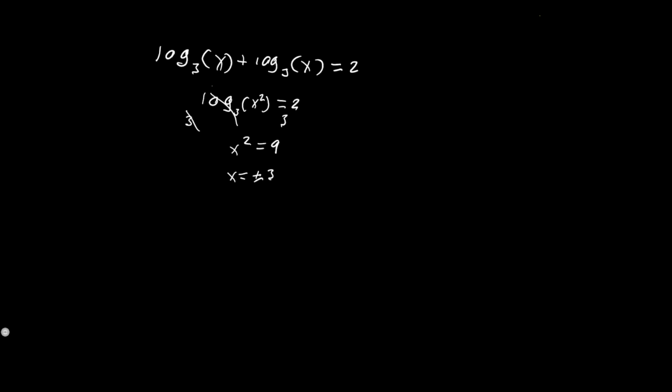Seeing that there is nothing that can make the negative positive, we can go ahead and assume x cannot equal negative 3. And here we have log base 3 of 3 plus log base 3 of 3, which is simply going to give us 1, and 1 plus 1 equals 2. So we see that that is our only solution.